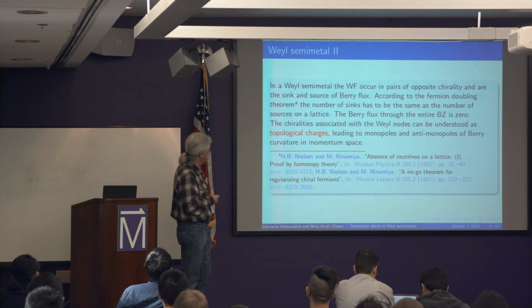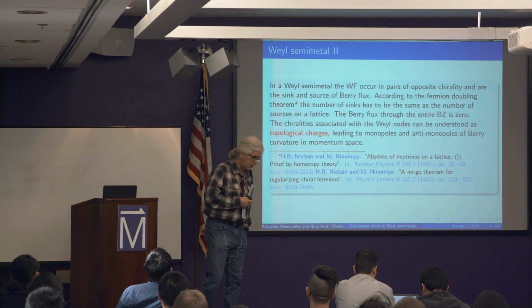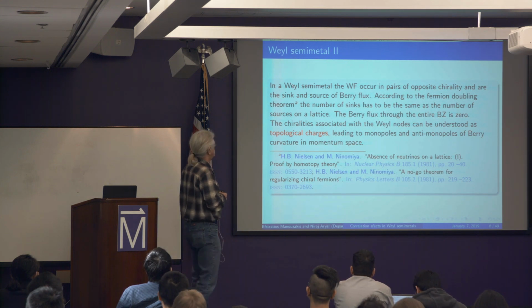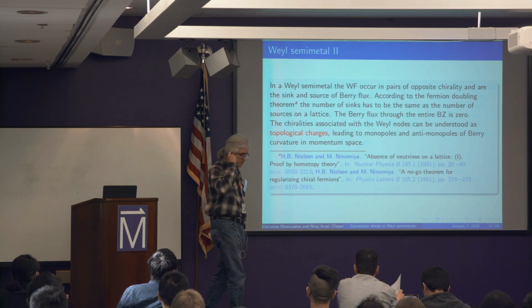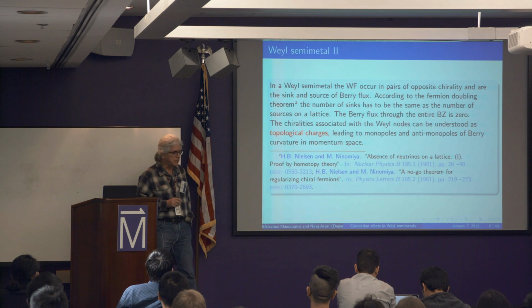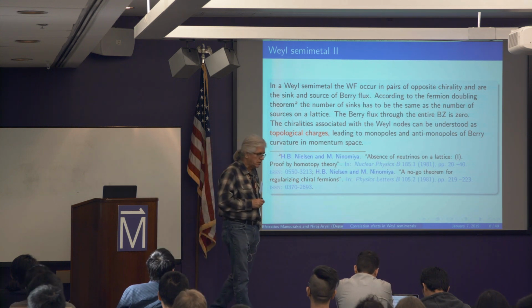This comes in high energy physics as the so-called no-go theorem by Nielsen and Ninomiya. Basically, what happens in their case, they try to put field theory on a lattice. They try to do any reasonable calculation.